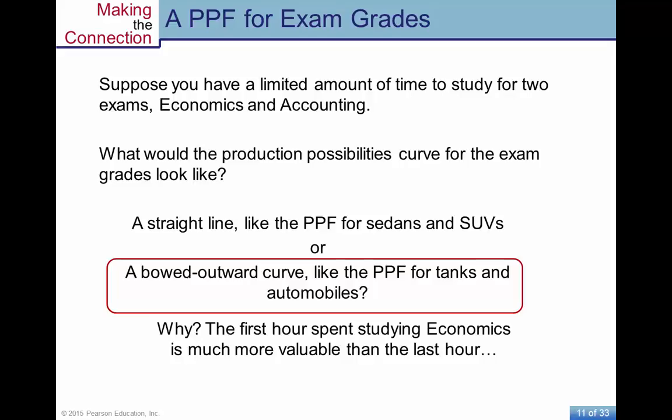A straight line, like the PPF for sedans and SUVs, or a bowed-outward curve like the PPF for tanks and automobiles? Why? The first hour spent studying economics is much more valuable than the last hour.